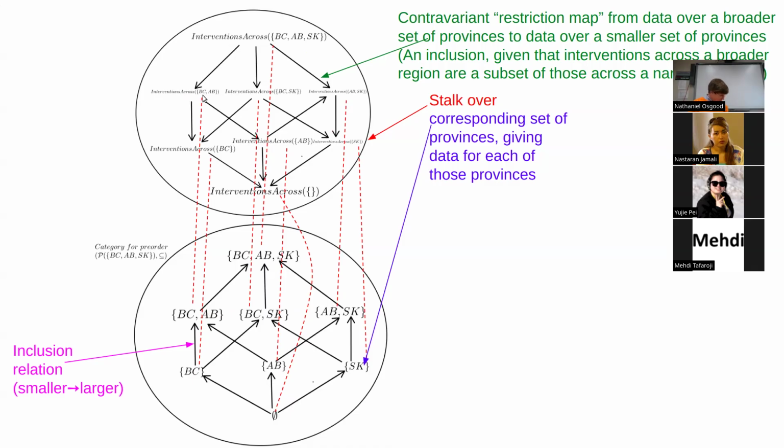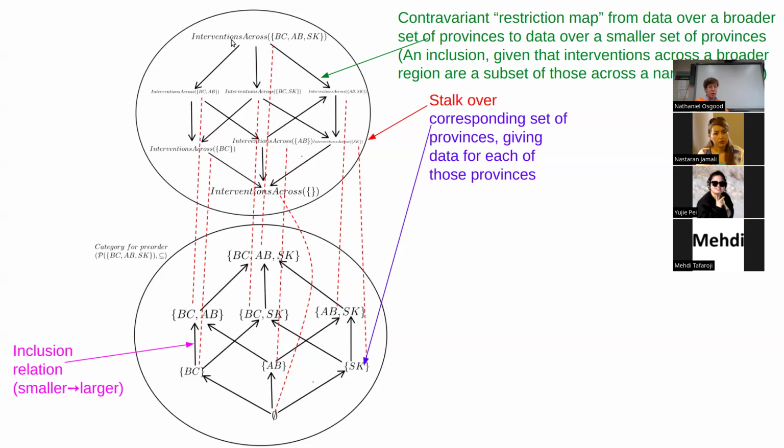So if you have a set of interventions across British Columbia, Alberta, and Saskatchewan, the set of interventions that are in place across all three, entirely throughout that entire region. And now we want to consider those in place across British Columbia and Alberta. What's the relationship of this?